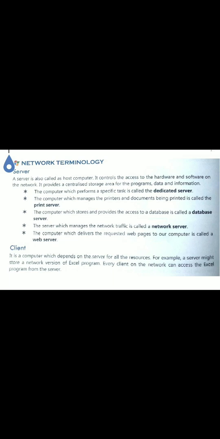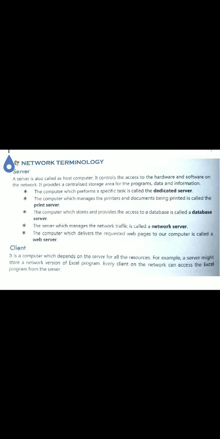The first part is server and the second part is client. Server: a server is also called a host computer. It controls access to the hardware and software on the network. It provides a centralized storage area for programs, data, and information.